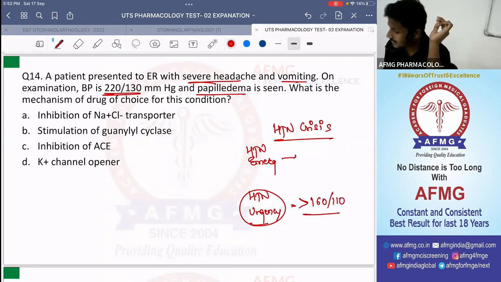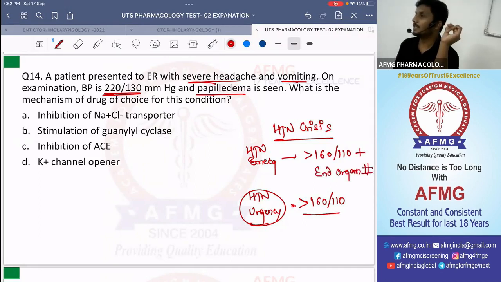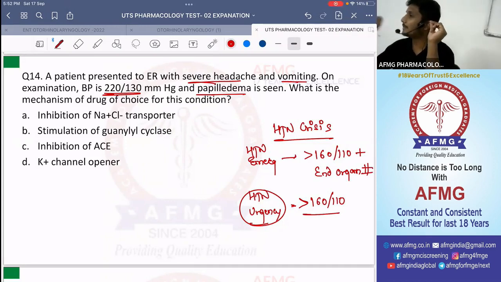But in hypertensive emergency, the blood pressure is more than 160 by 110 along with the presence of end organ damage. Then that is called hypertensive emergency. No problem with this. Now here we can see features of retinal damage, and therefore it is suggestive of hypertensive emergency in this patient. And the blood pressure is also 220 by 130.